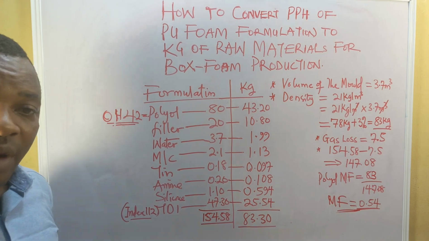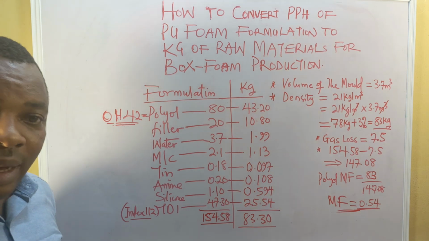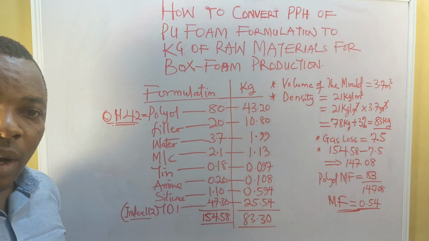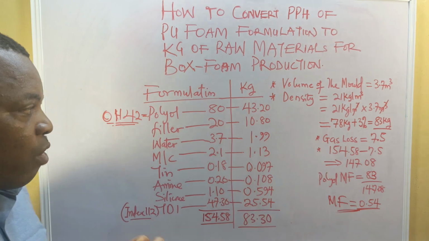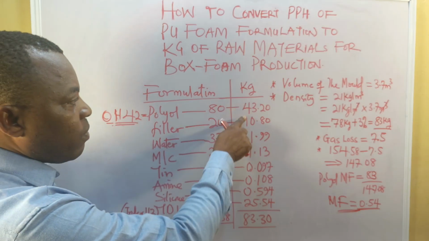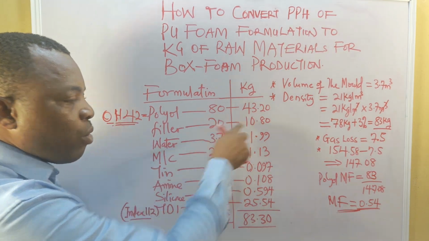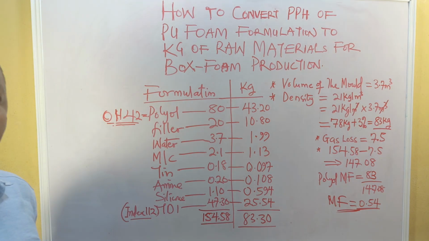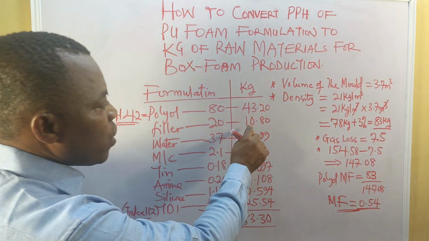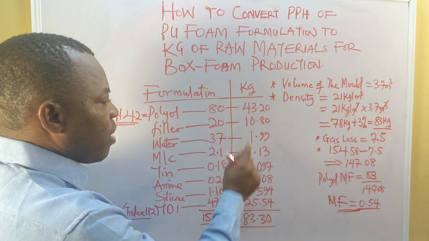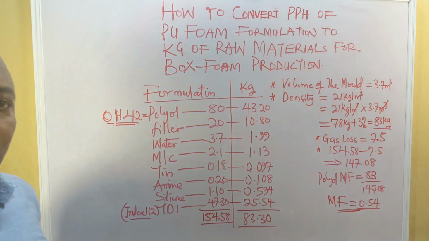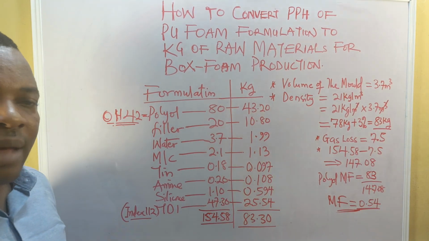But if you do not mix it very well, you will not have the required height expected. The reason is that you are adding calcium here. Calcium reduces what they call reaction time.